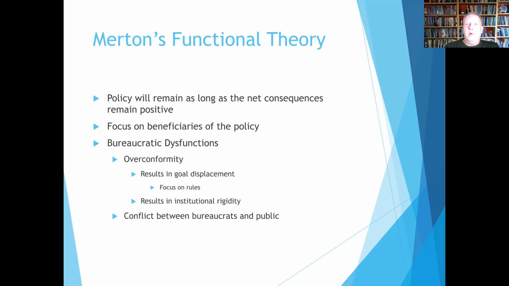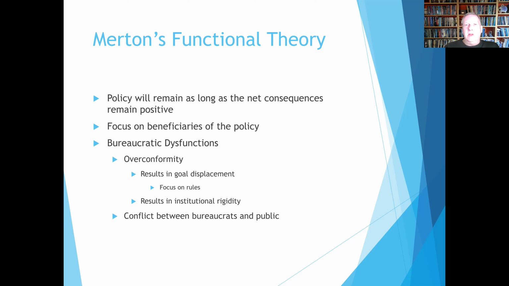The problem, according to Merton, is that sometimes organizations lose their way. As organizations go through a maturation process, there's a life cycle to public organizations. As public organizations mature and age, they tend to engage in this dysfunction that's known as overconformity.